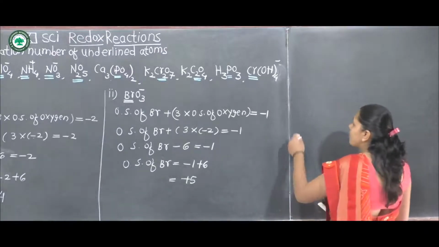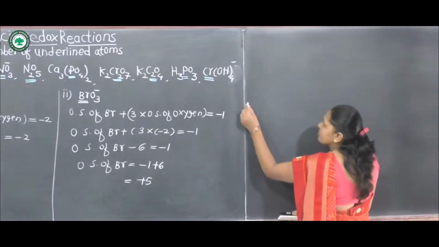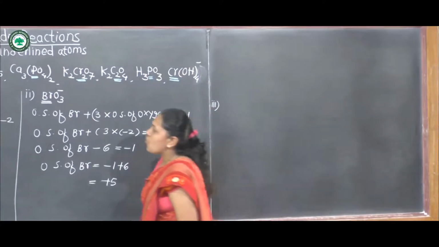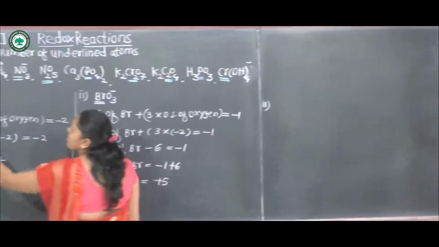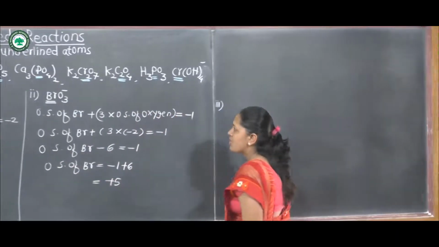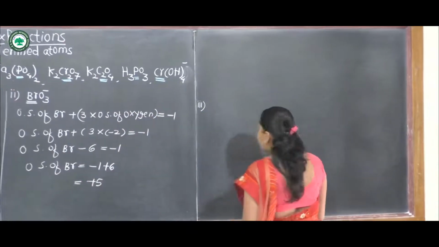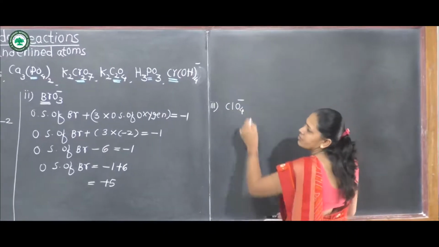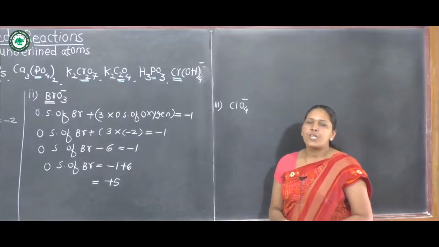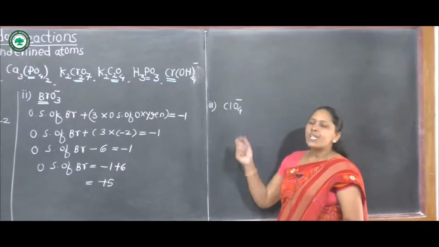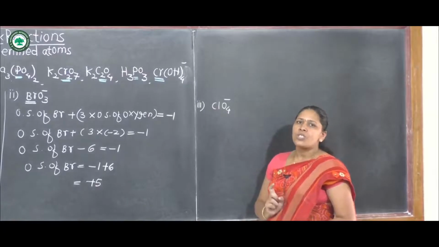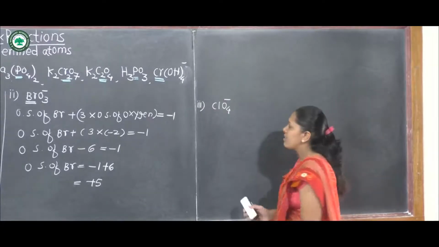Then in the third example, ClO4 minus. In this example, we have to calculate the oxidation state of chlorine. Here also chlorine is attached to oxygen. According to the rules, if chlorine, bromine, iodine is attached to oxygen, then it shows positive oxidation state.